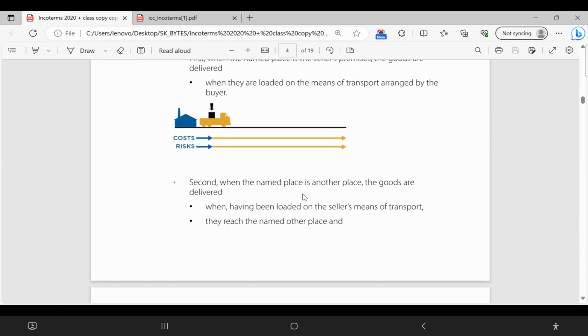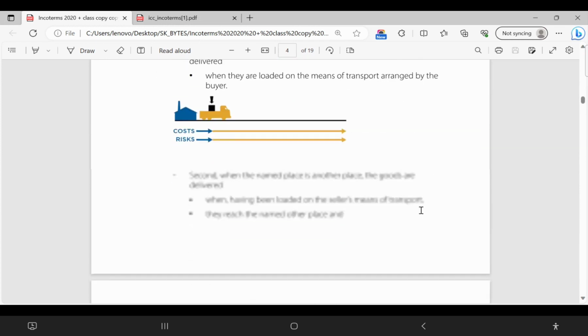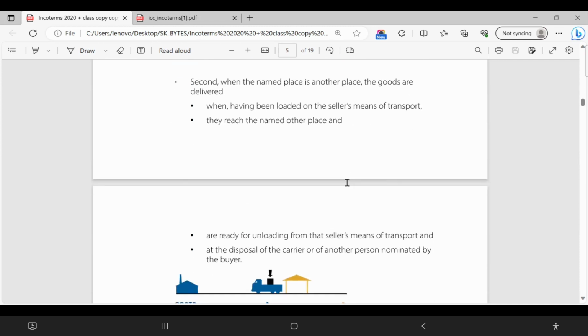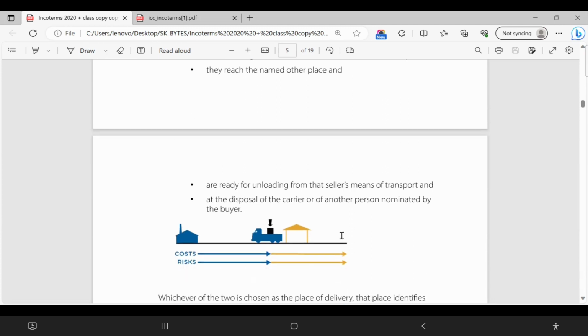Second, when the named place is another place, the goods are delivered when, having been loaded on the seller's means of transport, they reach the named place and are ready for unloading from the seller's means of transport at the disposal of the carrier or any other person nominated by the buyer.